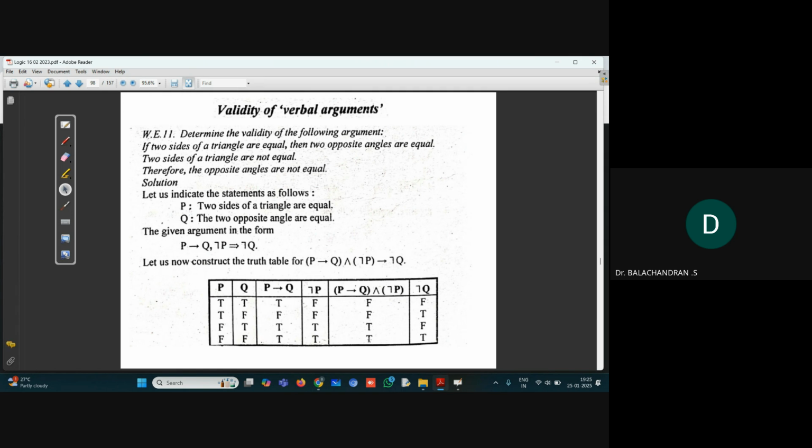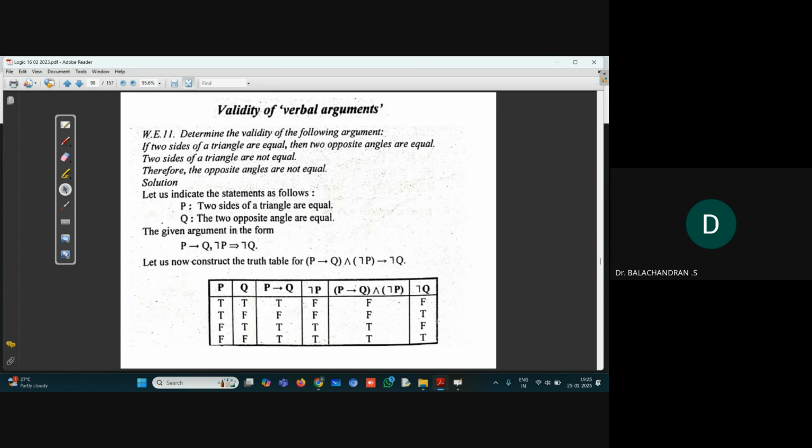Now, this is P implies Q and the negation P. So this column implies this column. If I put one more box like this here, this implies this. That is conditional. Here also it is false only if you have T implies F; in all other cases it is true.